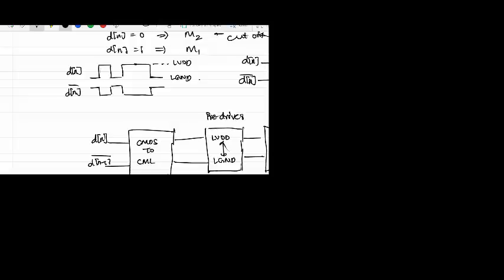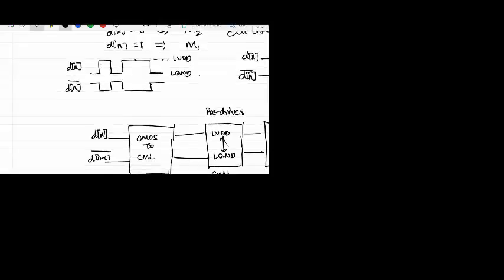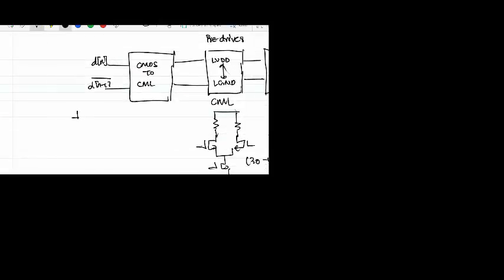Okay. And now there is a CMOS to CML converter, which is a very general circuit.